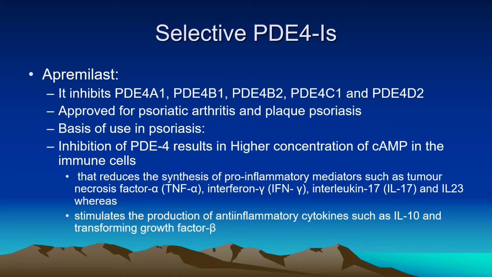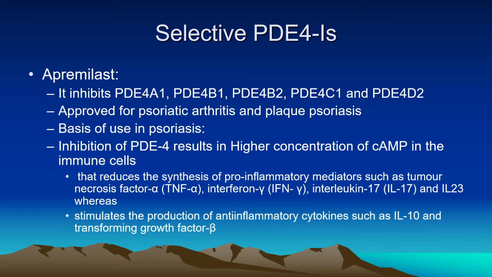Among selective phosphodiesterase 4 inhibitors, one drug is apremilast. Now this is a unique drug which inhibits almost all the variants and is currently approved for psoriatic arthritis and the dermal psoriasis, that is plaque psoriasis.